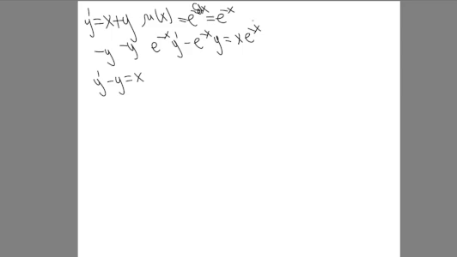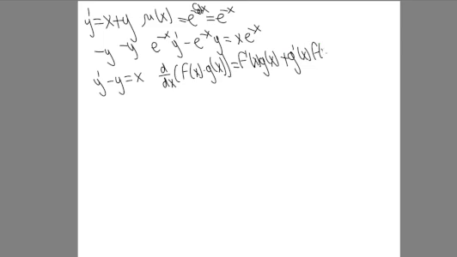In Calc 1, you learned that the product rule is d dx of f of x times g of x equals f prime of x g of x plus g prime of x f of x.